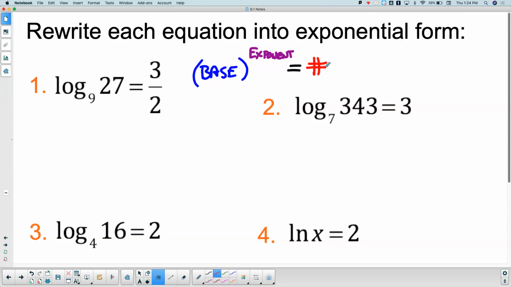That means the same as log base of my number equals my exponent.